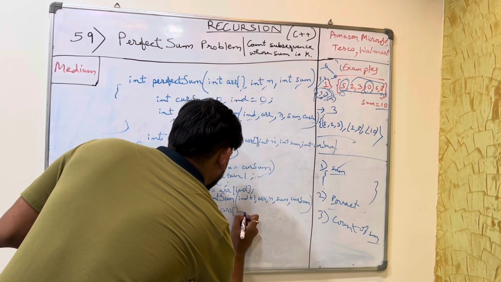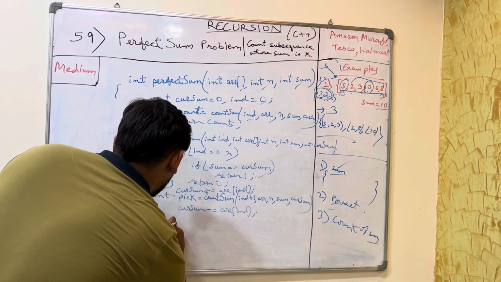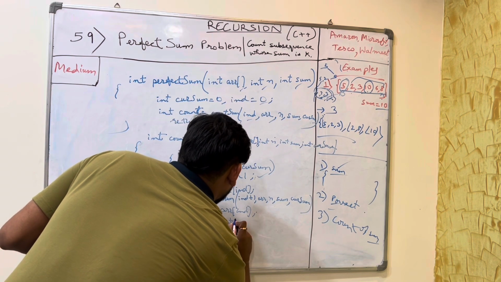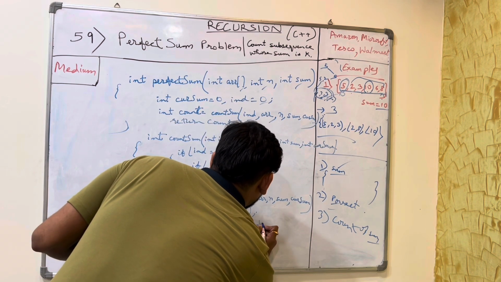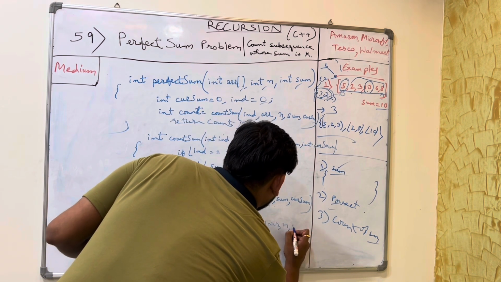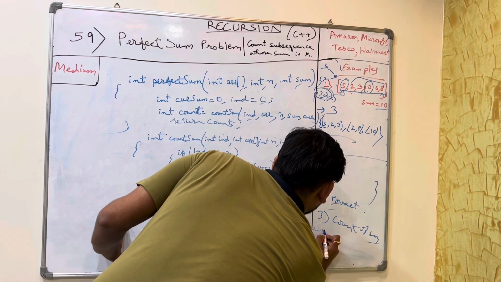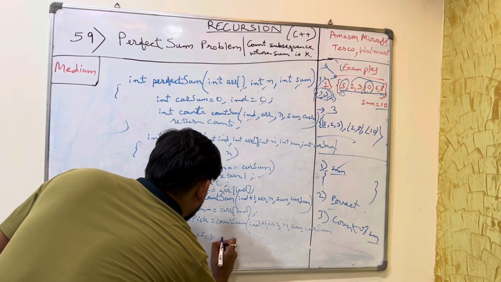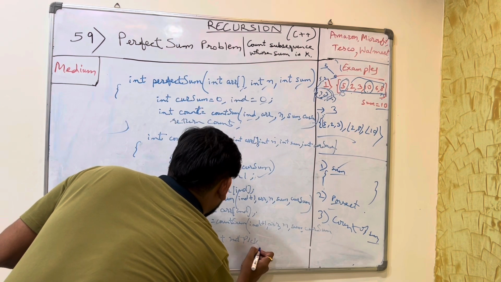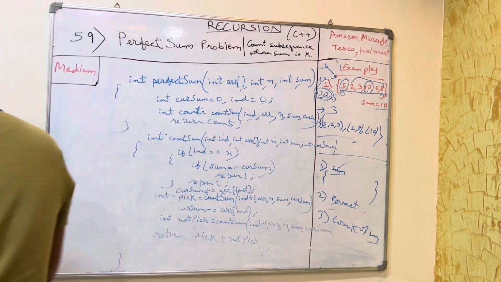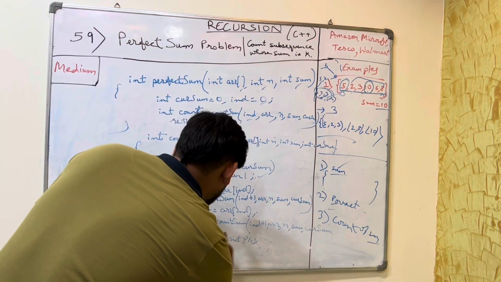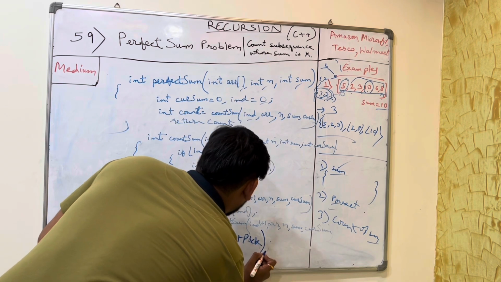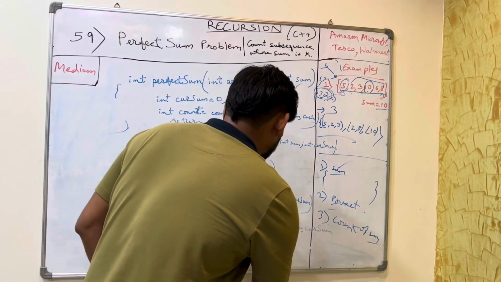So we remove this array of index, and then we have int not pick, and we call this count sum, and we pass index plus 1, array, n, sum, current sum. Then we will return pick plus not pick.